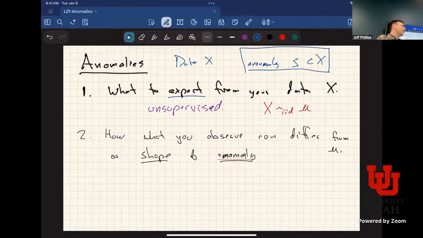If it was just one data point, you'd probably say this is an outlier. But if it's a cohesive set of data that does not fit your expectations, then this would be an anomaly.